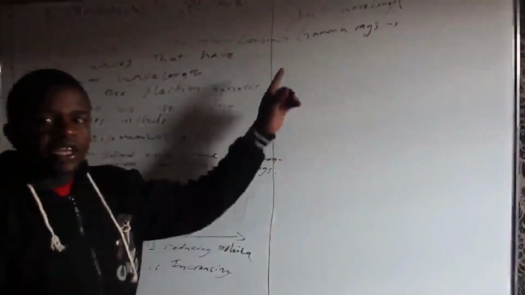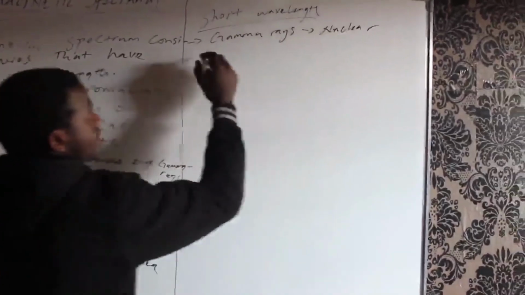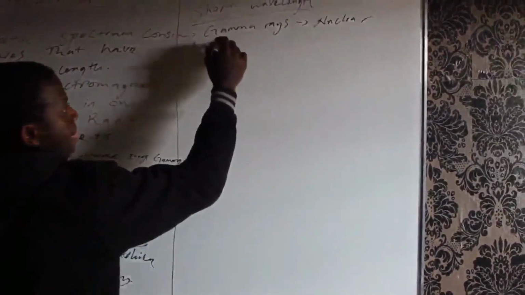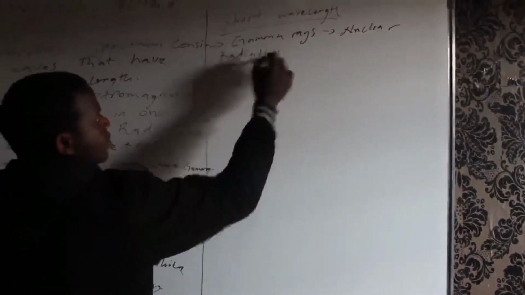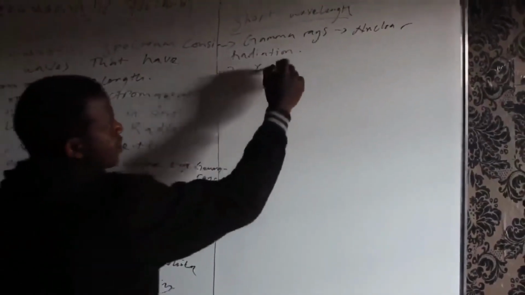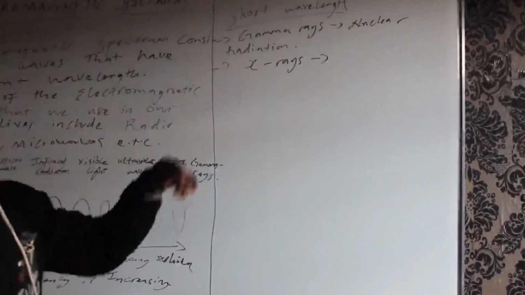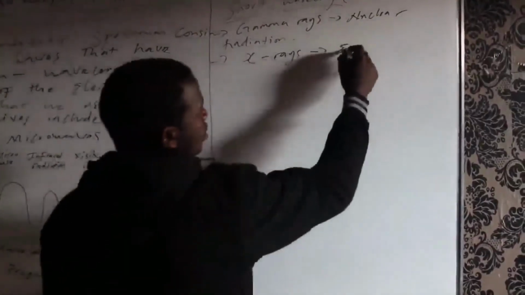And the source of the gamma rays is nuclear radiation. We also have the X-rays. And the source of the X-rays is explosions.